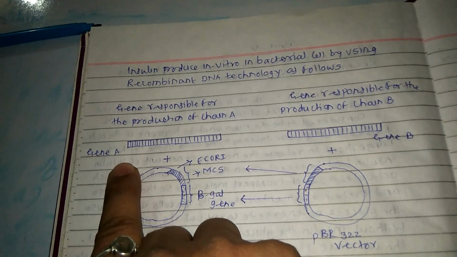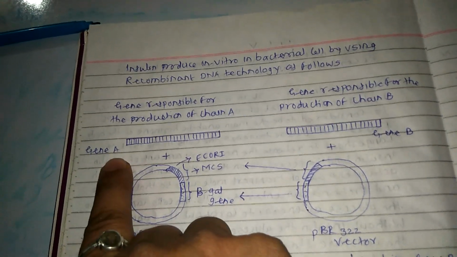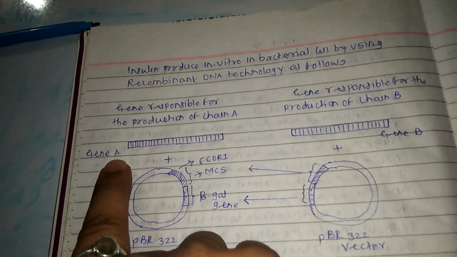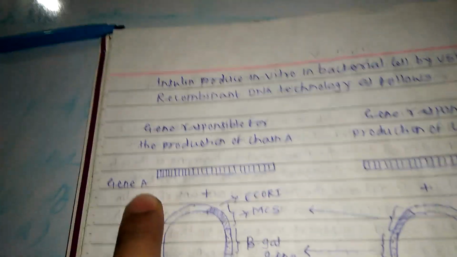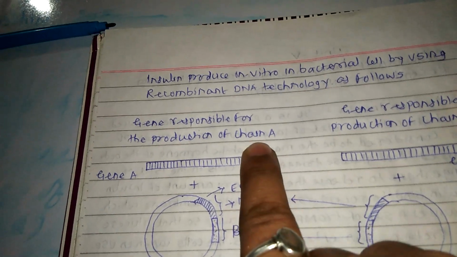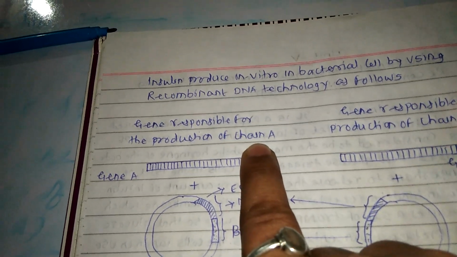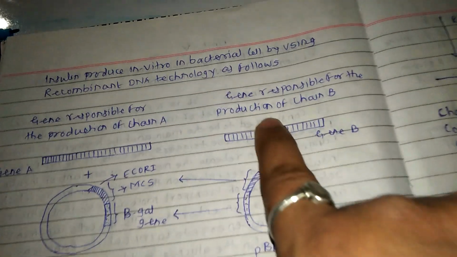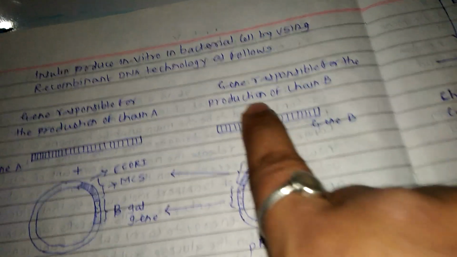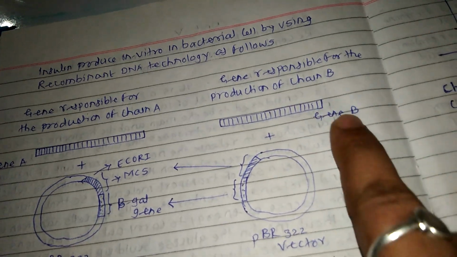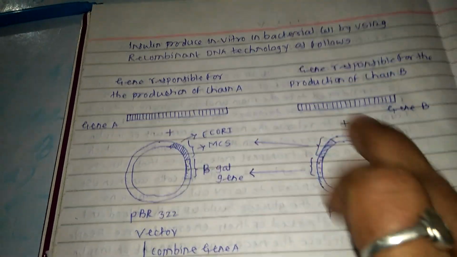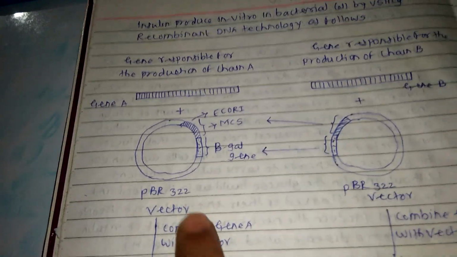For that, first the gene is isolated or synthetically prepared. This gene A is responsible for the production of polypeptide chain A, which is made up of 20 amino acids, and the second gene, gene B, is responsible for the production of polypeptide chain B. These two genes are separately joined to the vector.